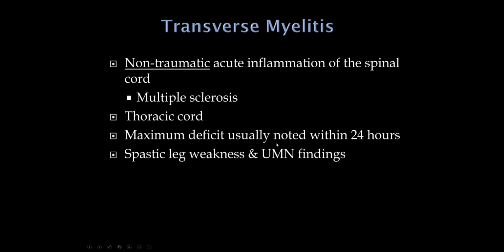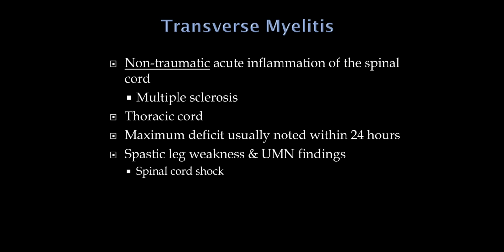So most commonly, the swelling is in the thoracic cord, so the arms are not involved, usually. And so they come to an emergency room. They were normal when they went to bed, and they woke up with a lot of leg weakness and numbness. So from the disruption of upper motor neuron pathways, they're going to have upper motor neuron findings.